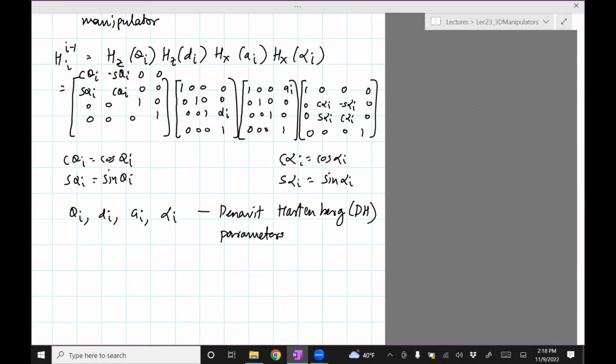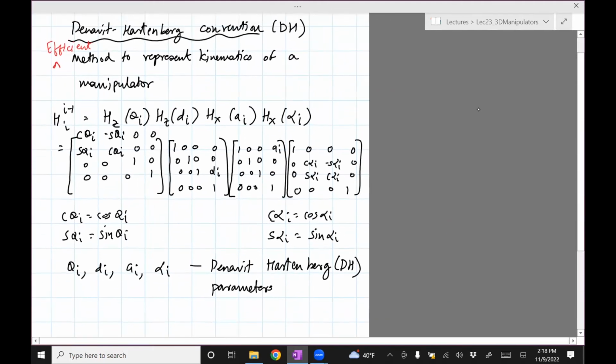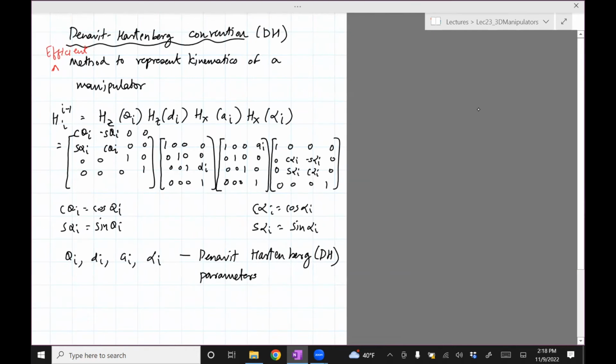So what it's doing is it's basically laying down the orientation and the position of a link, right? Because what a homogeneous matrix does is basically give us the origin, position and orientation of a frame, but the frame is attached to a link, and so it's giving us the position and orientation of a link.